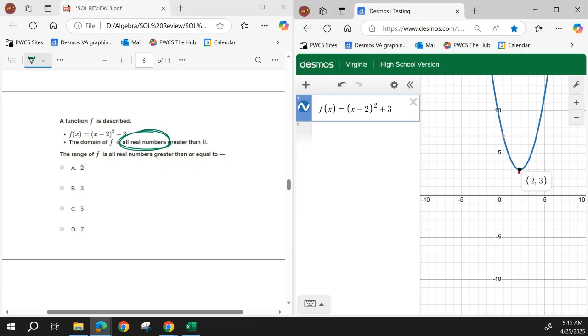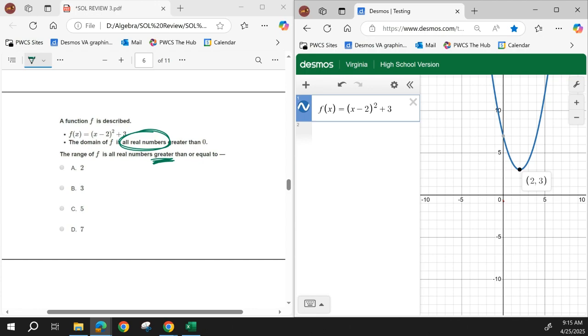That's as low as this thing will go. All of the points are going to be above this. Above would mean greater. If it was flipped the other way, upside down, then all the y values would be below this point, less than. But as it is, they're all going to be above this point, 2, 3.